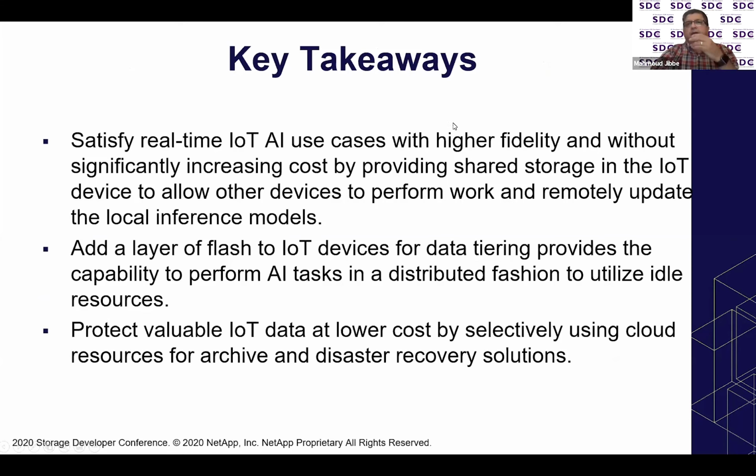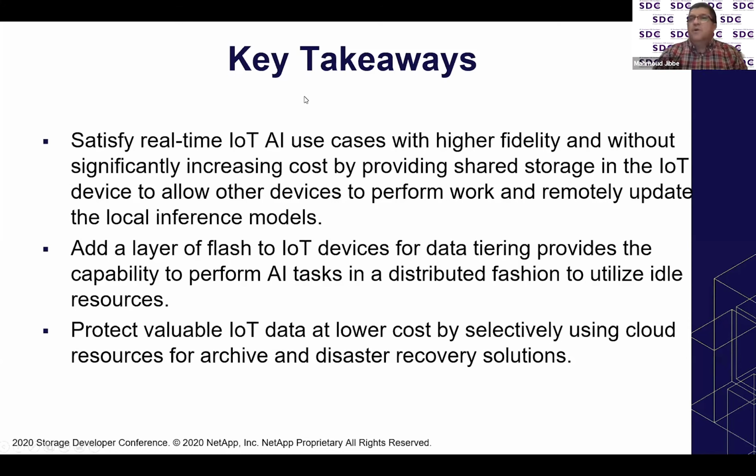These mainly look at how we can satisfy, in real time, the IoT AI use cases with a higher fidelity than what is possible today, without increasing the cost, by providing a shared storage area in the IoT devices so that other devices can perform work, like the example Joey gave about the idle camera reading from the other two busy cameras and using those resources.